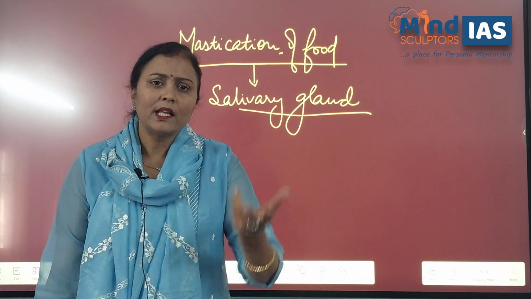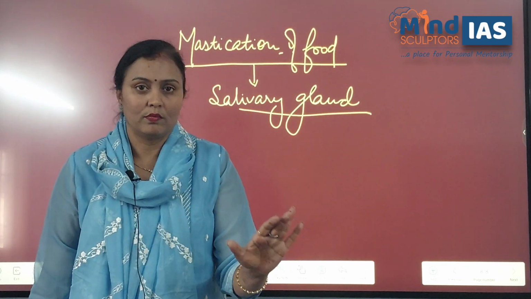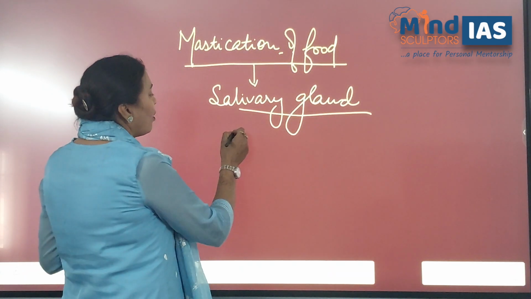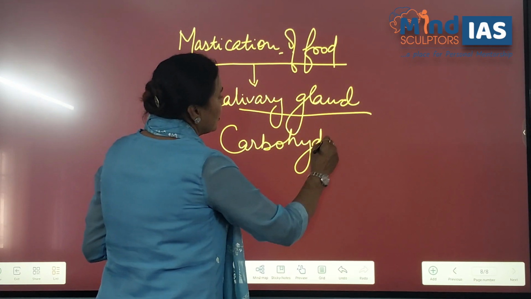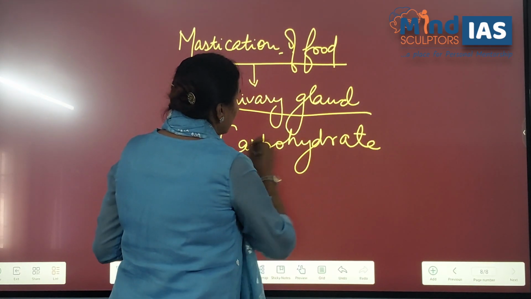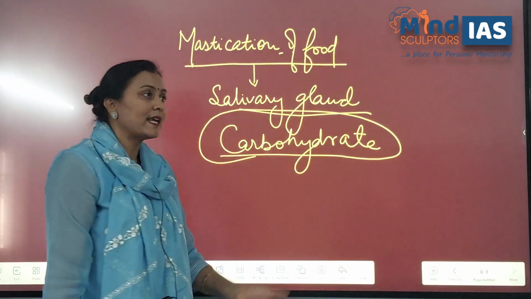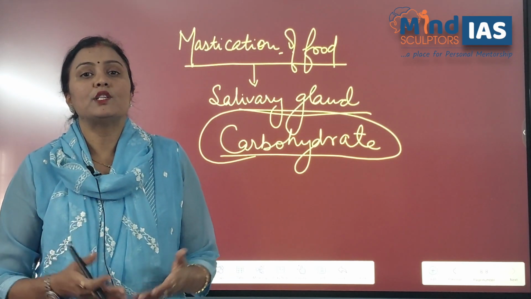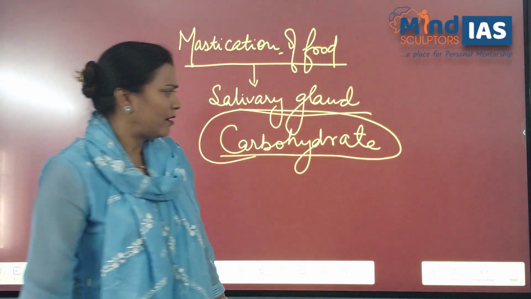But do you think that in the mouth all these food components start digesting? No. So what will start digesting first? That is carbohydrate. Maybe this question comes in your exam, that which component of the food will start digesting first in the mouth. That is your carbohydrate.